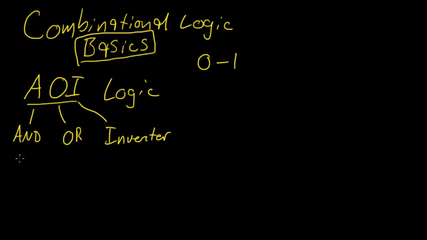So AND would be 0 plus 1, OR would be 0 or 1, and inverter would be 0 to 1, or vice versa, 1 to 0. It just switches how it's changed out. Okay, so that's the basics: AOI logic is AND, OR, or an inverter. So when I say make something in AOI logic, we know that we're going to use AND, OR, or an inverter.